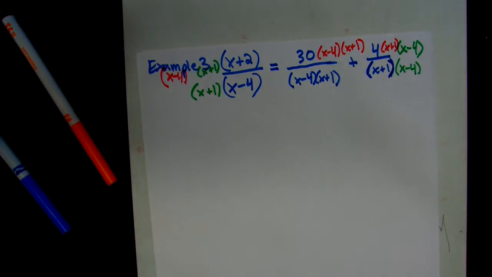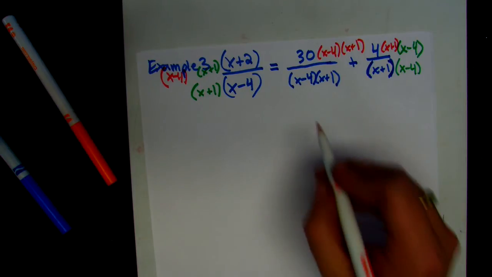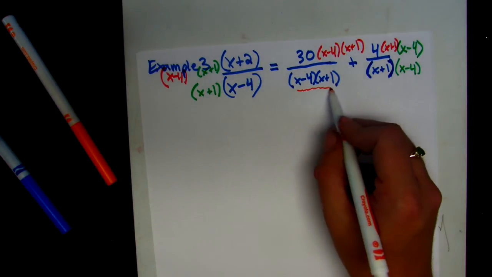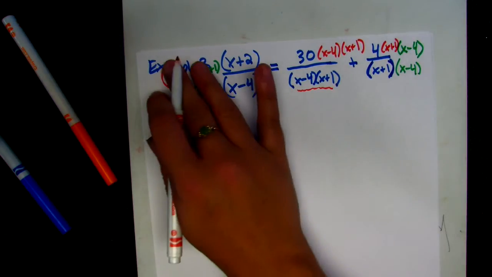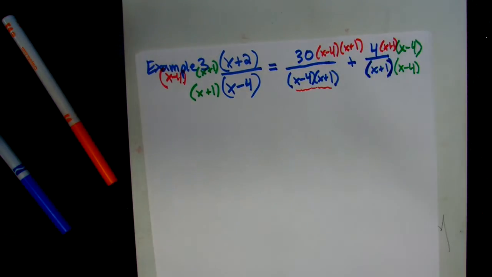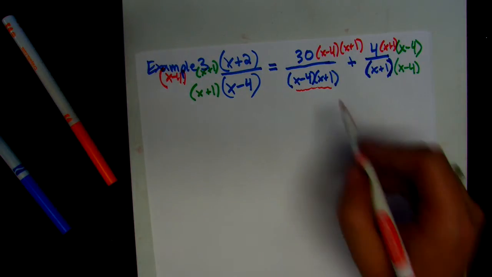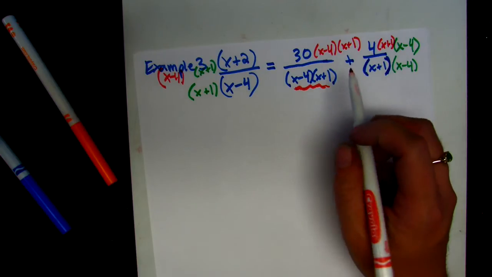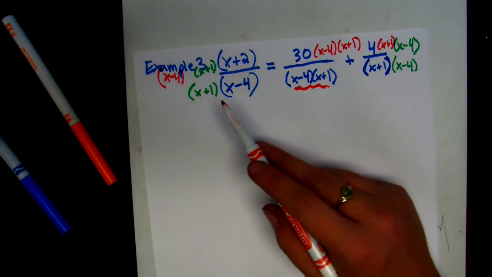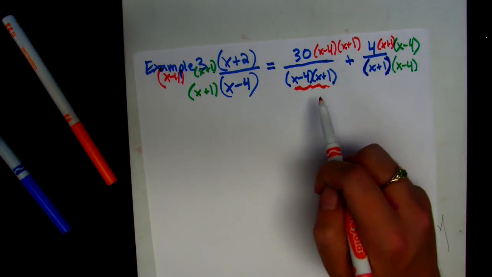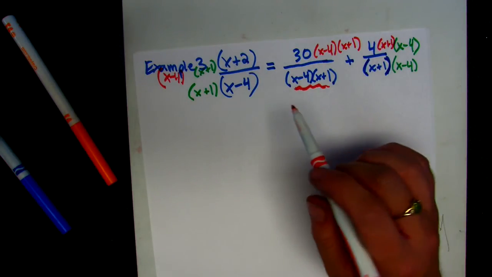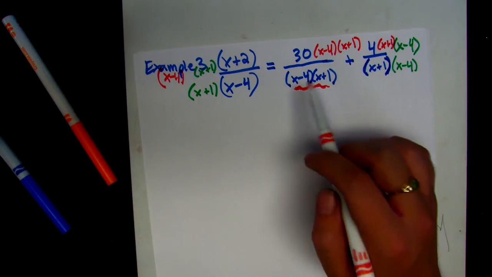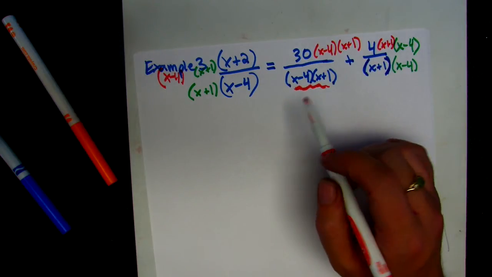Okay, so in the end, whatever that common denominator was, notice how that ended up having to be multiplied by everything in the numerator. So that's the key. Whatever your common denominator is, once you get the other denominators to match it, when you try to cancel the denominator, what you're going to end up doing is just multiplying everything by that common denominator.